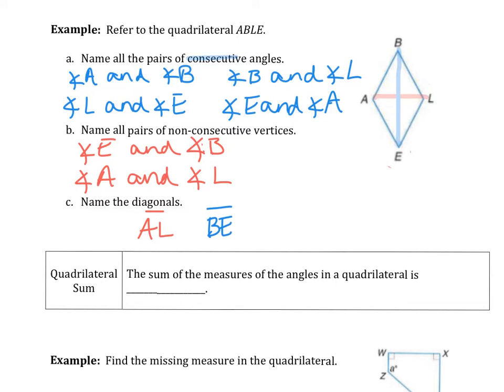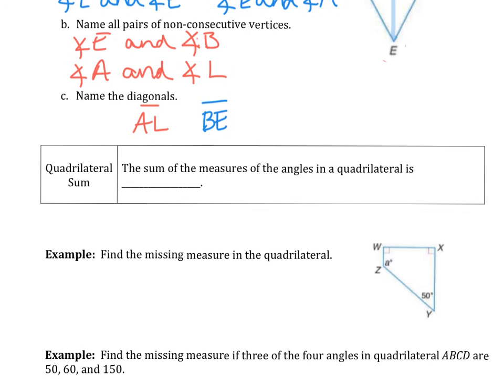Now moving on to more of their quadrilateral definitions here. The quadrilateral sum states that the sum of the measures of the angles of a quadrilateral is 360 degrees. Now if we think back to our triangles, I'm going to draw a four-sided figure here, and I'm going to split it up into two different triangles. And what we already know about triangles is that their interior angles add up to 180.